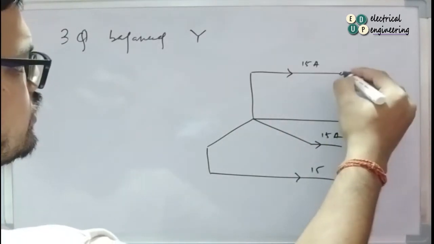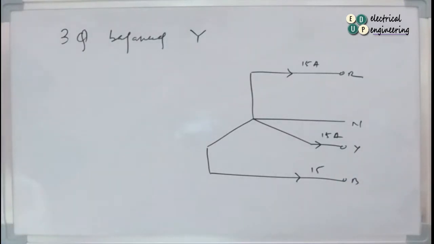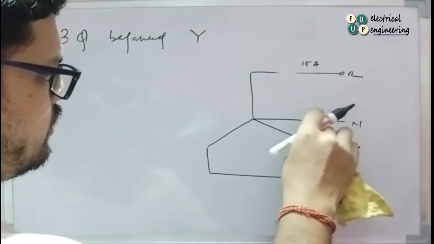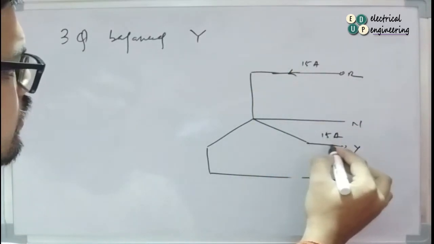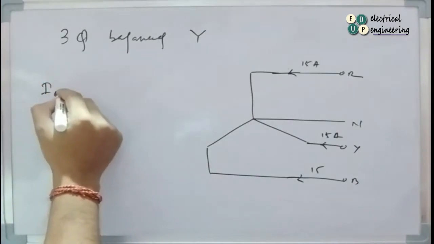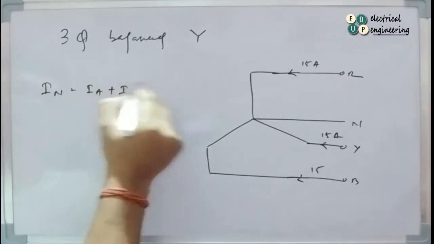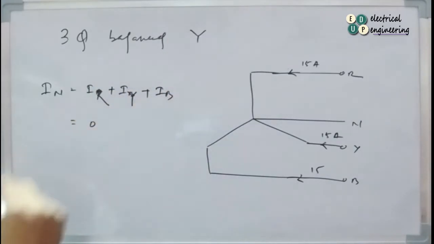This is neutral, this is R, Y, B. We have already discussed that in a balanced star connected circuit, the total neutral current IN equals IR plus IY plus IB, that is equal to 0.